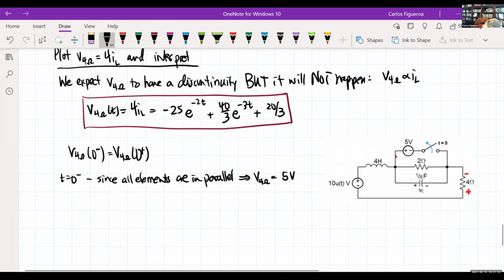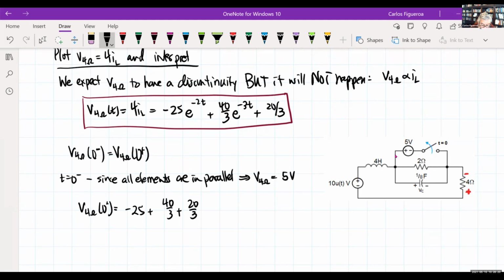If I look at the solution, they should each give me the same value. So at 0 it should be minus 25 plus 4 thirds plus 20 thirds. Wow. Let's see if this is actually 5 here.